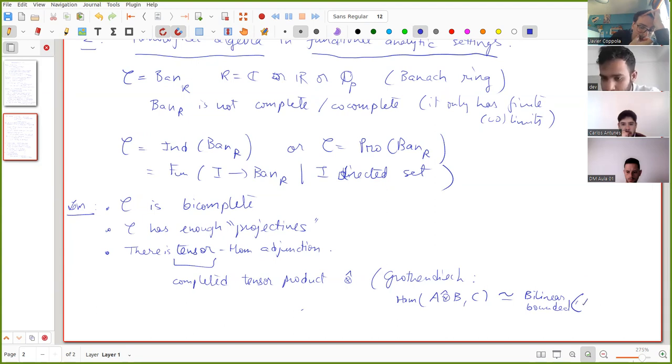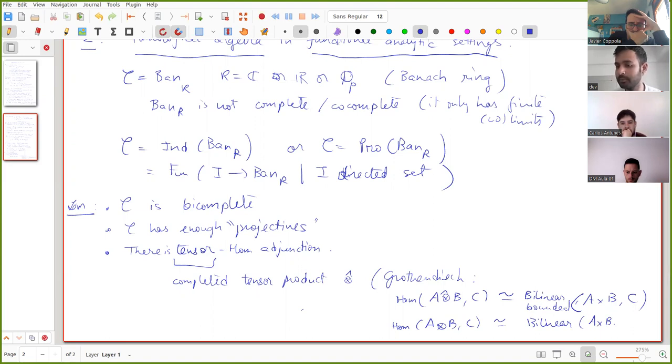Apologies for this notation. So this is exactly like the algebraic tensor product, which would just be A tensor B to C. So linear maps from the tensor product of two vector spaces are the same as bilinear maps, that is without the word bounded, from A times B to C. Okay, so that is what the tensor product is.